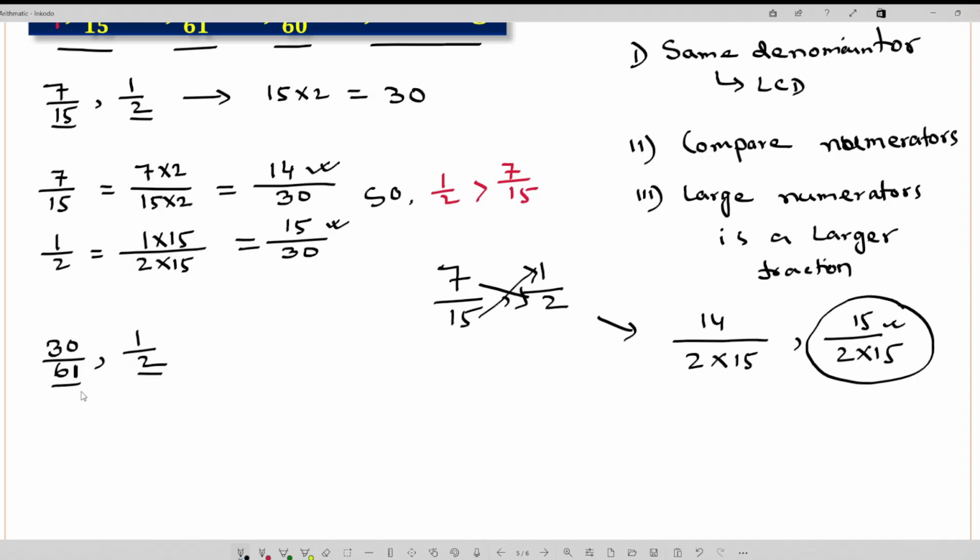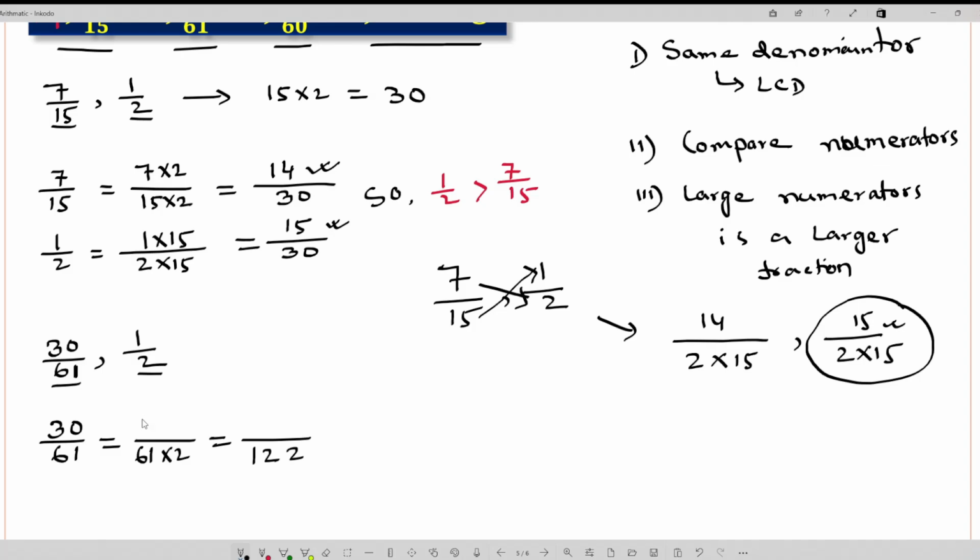In this case we can write 30 by 61 and 1 by 2. The common denominator is what? 61 times 2, which means 122.